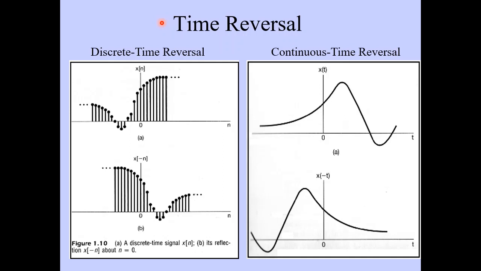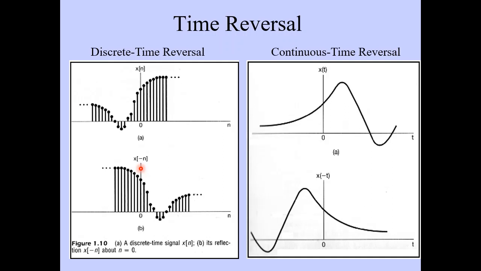One of the other properties that we can do with time is a time reversal. In discrete time, for example, let's say we have this given sequence of values called x of n. What does x of negative n look like? Notice what we're doing here is taking every value of n and reversing its sign to get x of minus n.